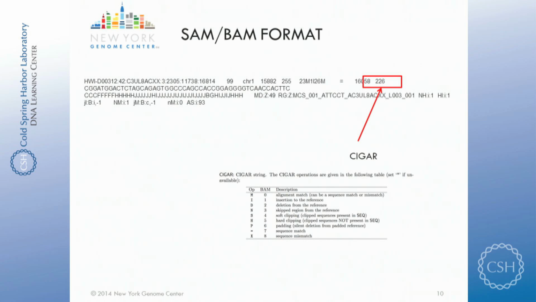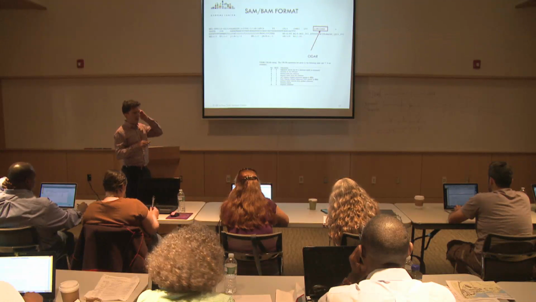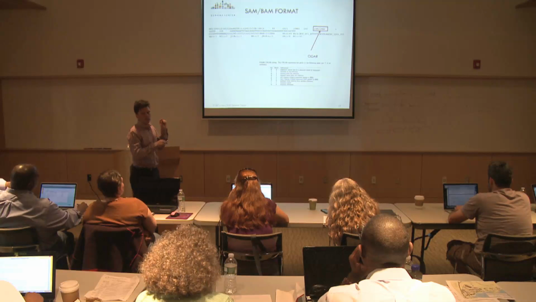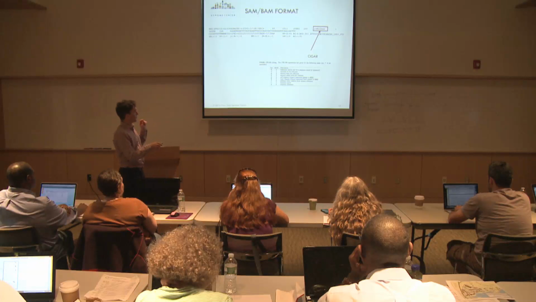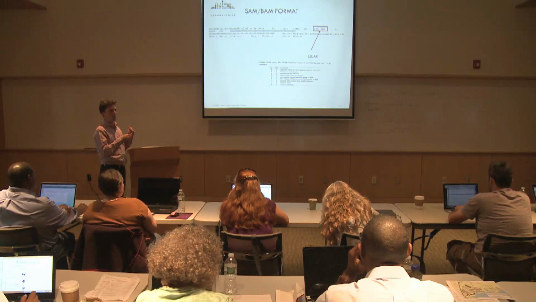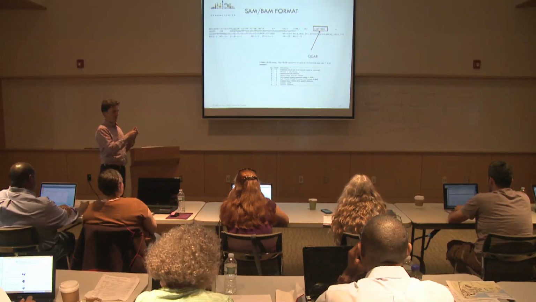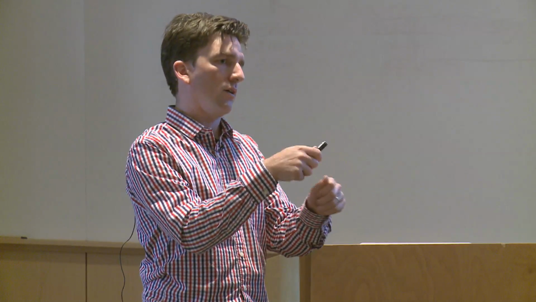Then there is one nucleotide that is not in the reference sequence, and the remaining 26 bases are matching the genome. That's not the most complicated cigar string that I could have found, but essentially that's a way to describe the alignment, to describe which are the locations that match, where you have an insert or mismatch or deletion, and soft clipping is when you have extremities that are not matched.